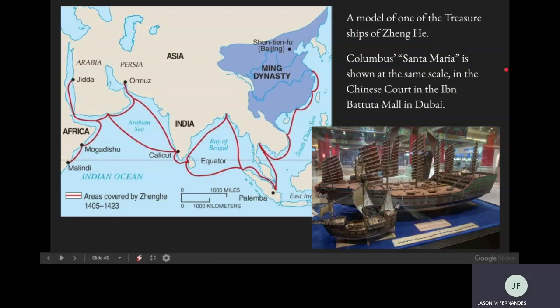Now, one more thing we should look at before we move away from China is the expeditions of Zheng He, right? He comes out of the Ming Dynasty. These are just really incredible expeditions. You can see the size of one of Zheng He's ships here compared to the size of one of Columbus's ships. Just really no comparison.